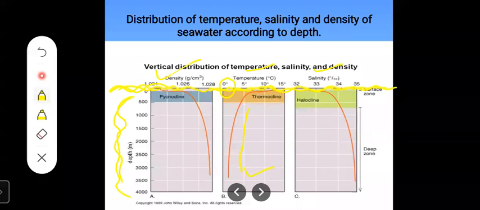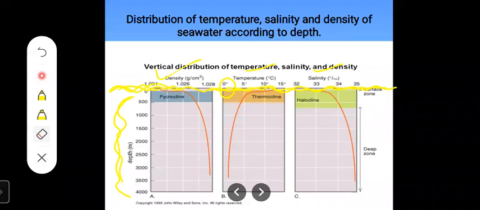Now as the sun's rays go down and down in depth, if it reaches about 200 meter depth, below the 200 meter the temperature will be the same.